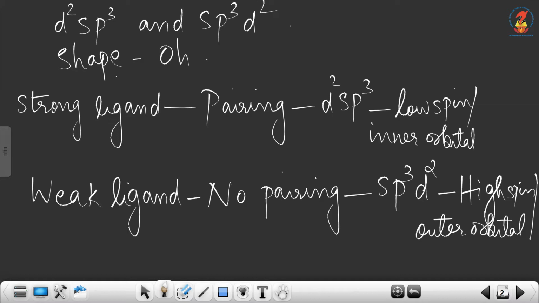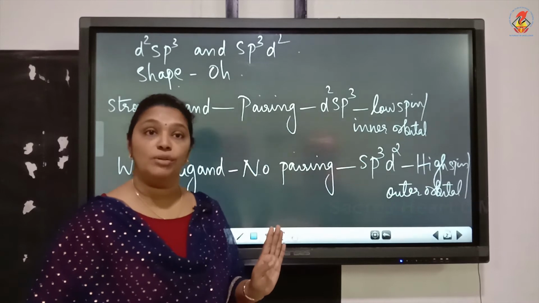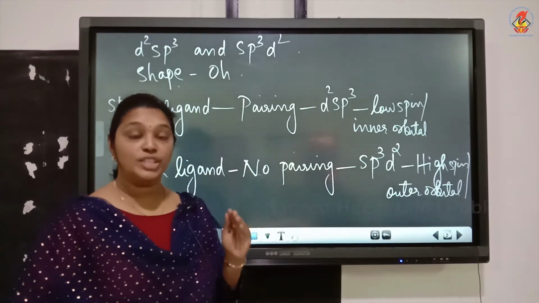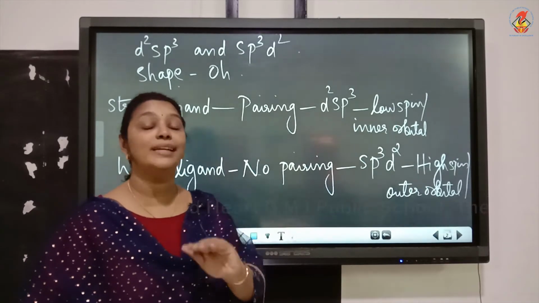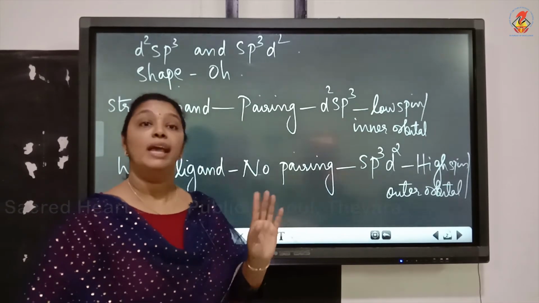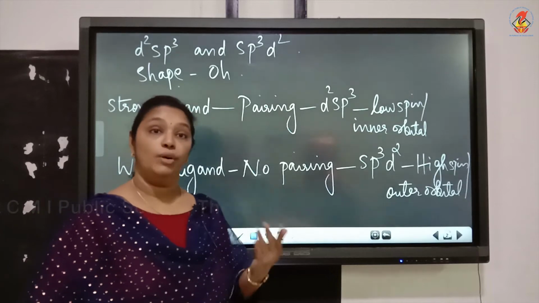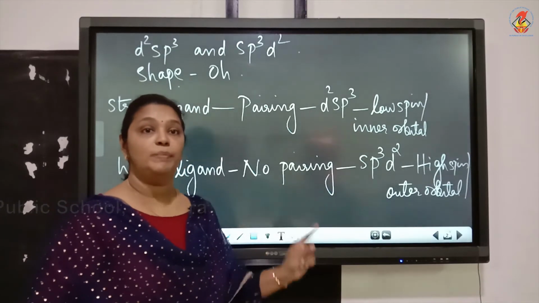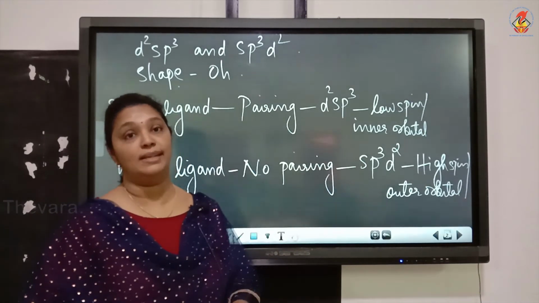So if it's a weak ligand, halide ions, H2O, OH minus, no pairing of electrons in the d orbital takes place, which means the outer d orbital, that is our 4d orbital, is involved in hybridization. The hybridization will be sp3d2, and high spin or outer orbital or spin free complexes are formed.